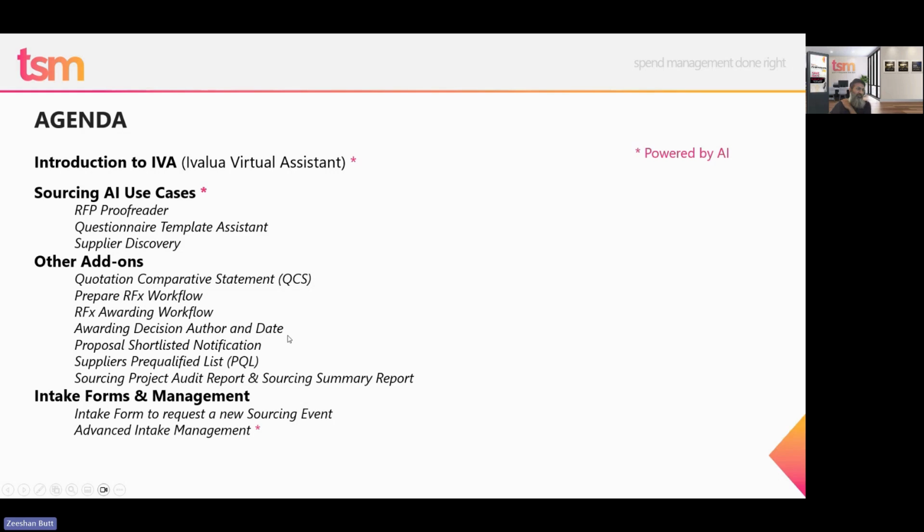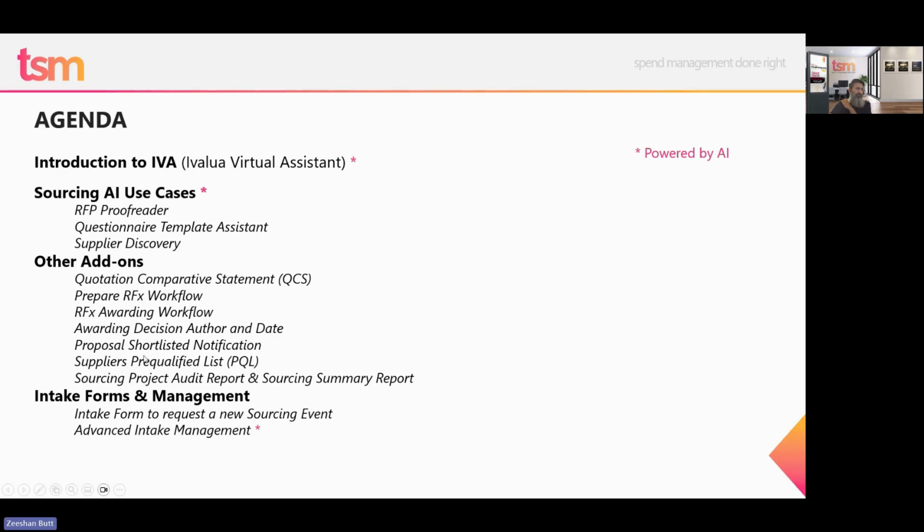So we have those dates and the name in the system now to capture that, which is important for audit purposes. In the past, we also never had a notification sent for shortlisted suppliers, so we'll see how we can send that notification to the shortlisted supplier automatically through the system.